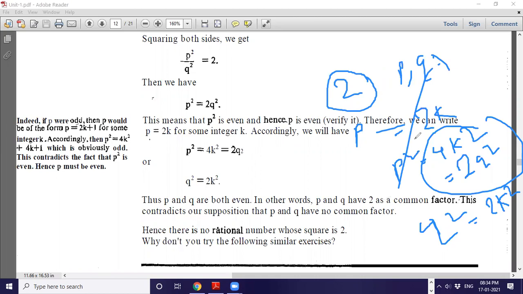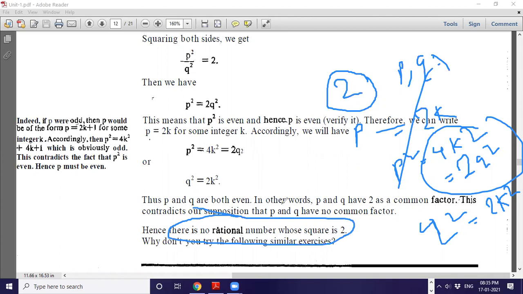So, what is the fact we can derive? That what we supposed is wrong. This means we got the contradiction. So that is, there is no rational number whose square is 2.